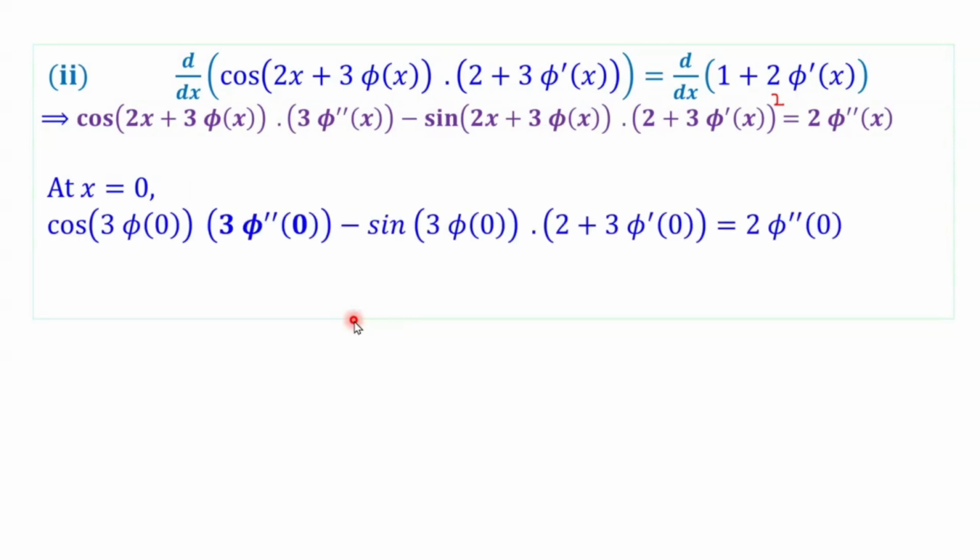At x equals 0, we substitute it here. It is cos(3 phi(0)) times 3 phi''(0), minus sin(3 phi(0)) times (2 + 3 phi'(0)) whole squared.